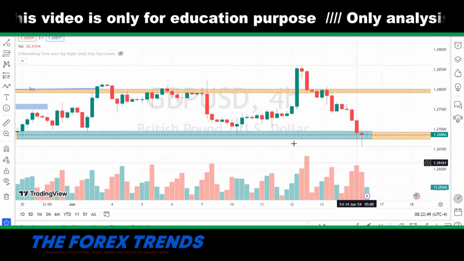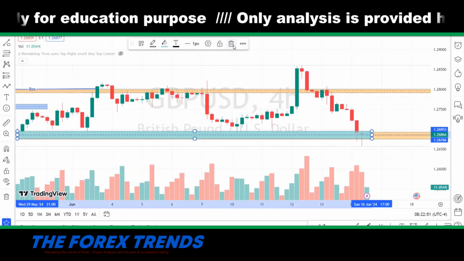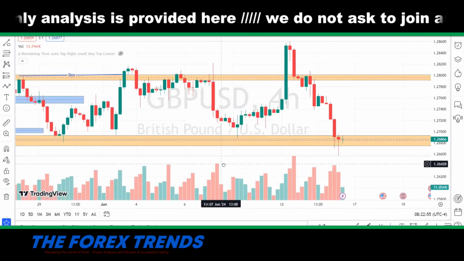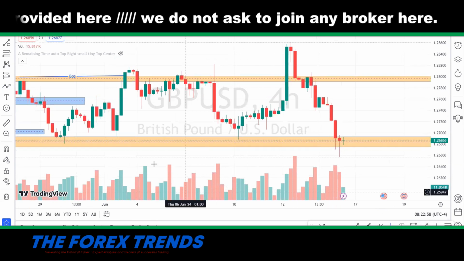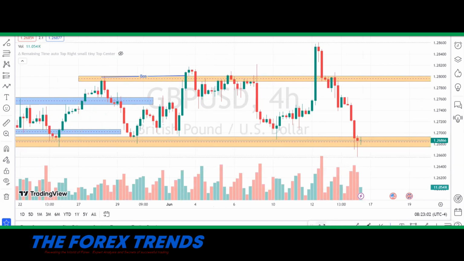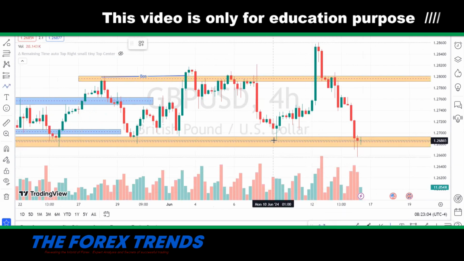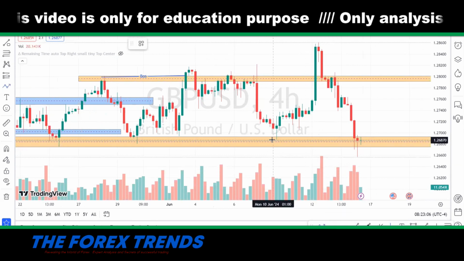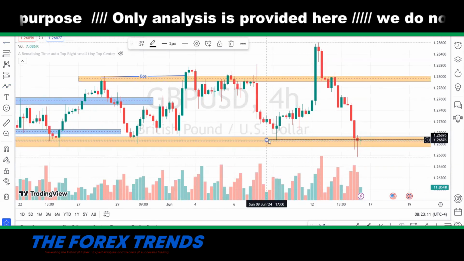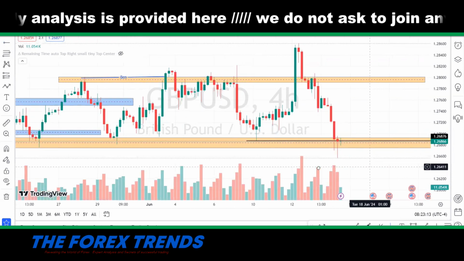So let's check the possible trades in GBPUSD. In GBPUSD, this is the point in the 4-hour structure, and look at one thing. This point is our last low, and the price is 1.2687.